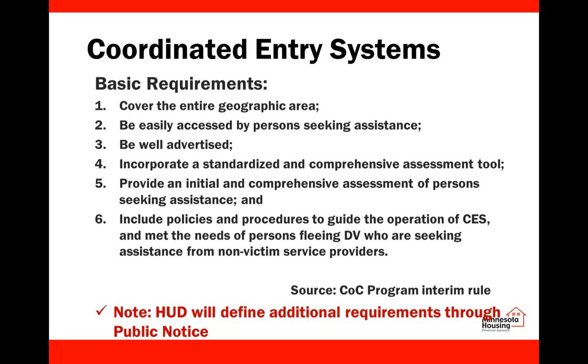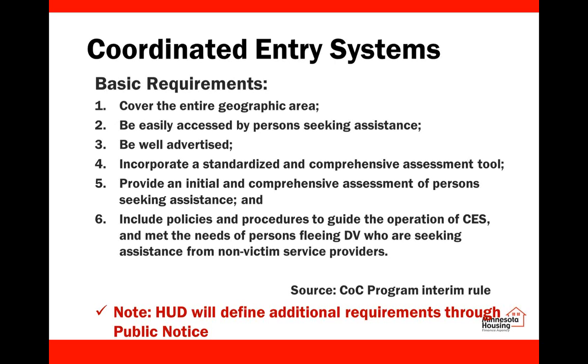Second, coordinated entry must be easily accessed by persons who are seeking assistance. Third, it must be well advertised. This is so persons who are homeless know where to go, and community-based providers know where to send or refer people. 4, coordinated entry must incorporate a standardized and comprehensive assessment tool.